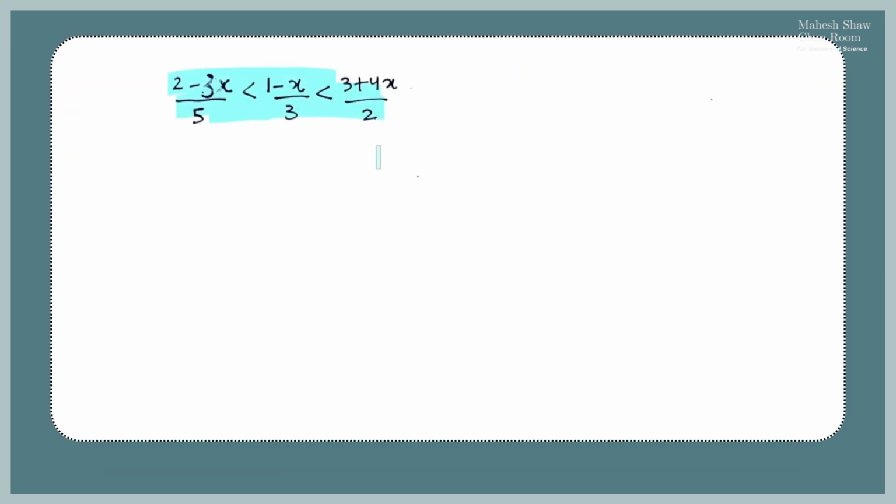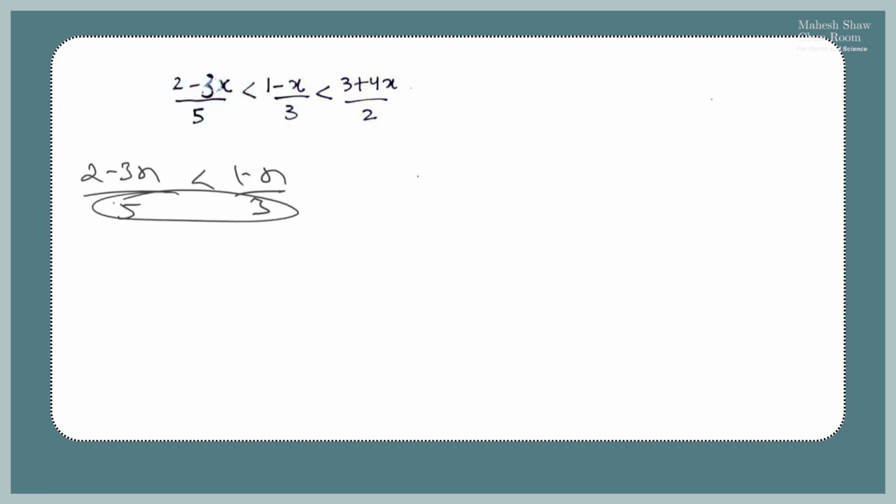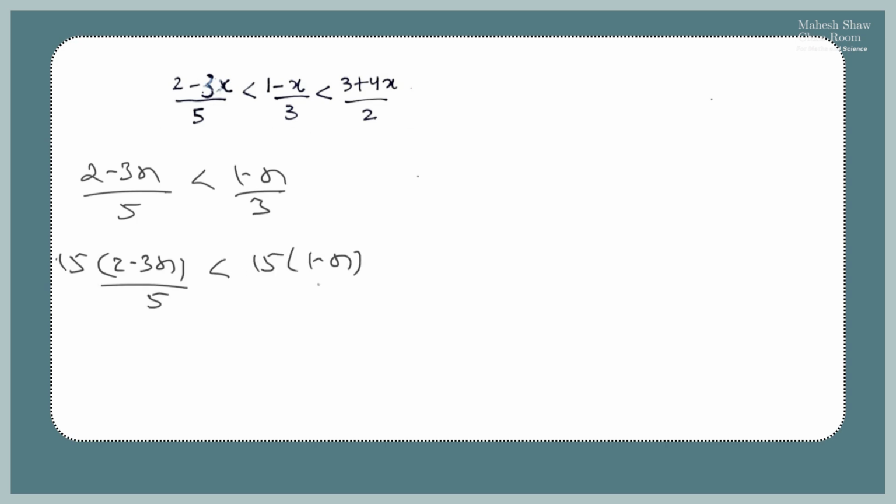Now in this question, in order to find the solution set of this system of inequalities, we need to solve each inequality separately. We'll be solving this first and then these two separately. Now taking the LCM, this is 15, multiplying by 15 on both sides. This is 15 times (2 minus 3x) over 5 is less than 15 times (1 minus x) over 3.